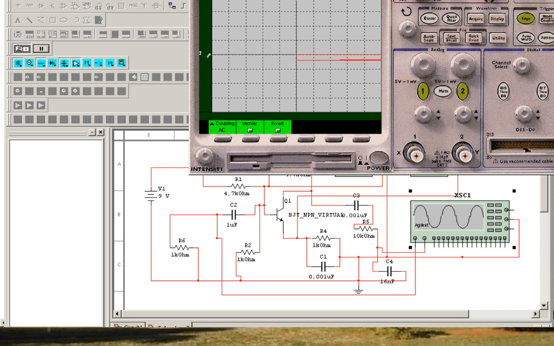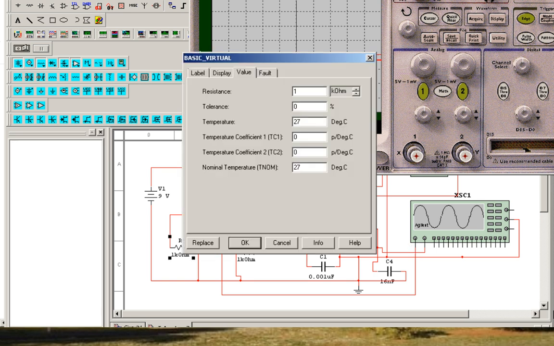Right. I'll turn this off. Now I'm going to change this to, let's change it to 100 megohm.